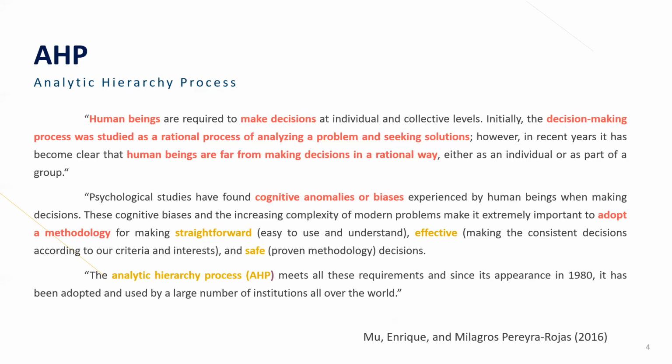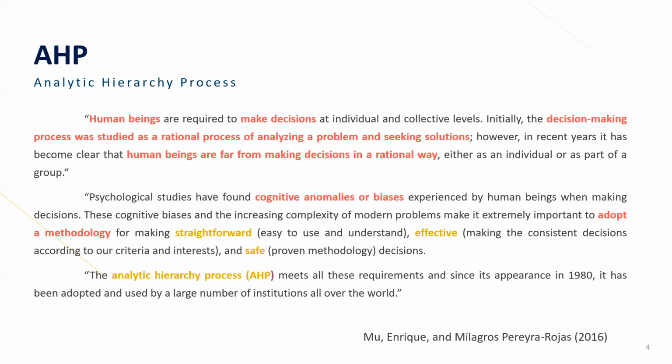Time to time, whether it's individual decisions or group decisions. And we normally consider that decision making is a rational process, a process that takes rational steps by, let's say, analyzing the problems, knowing the alternative solutions, and then we will try to select rationally among those solutions.